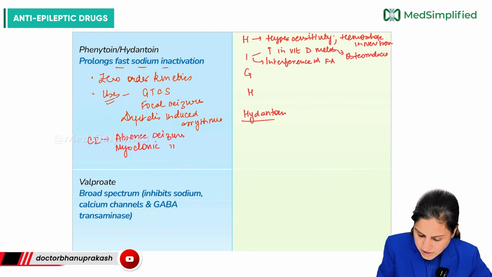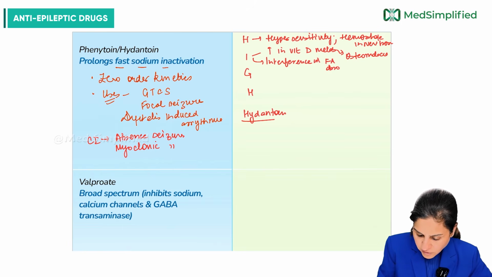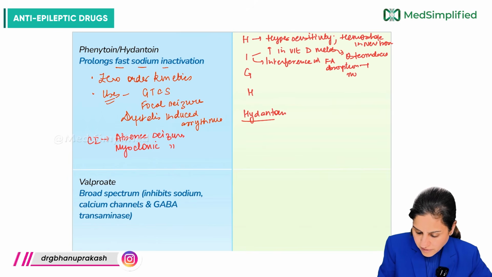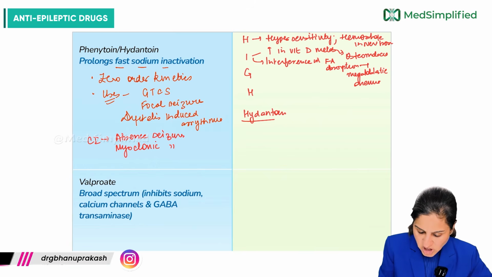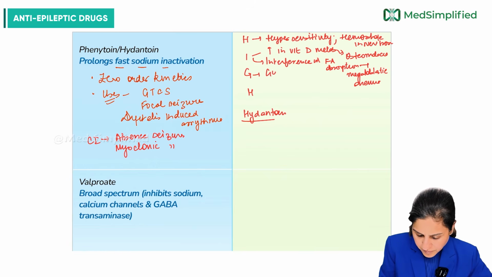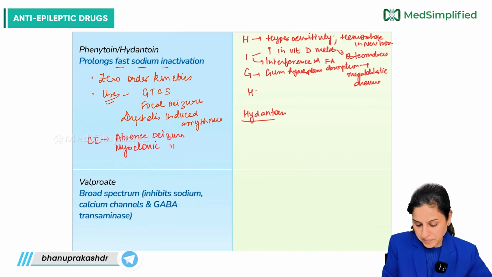Or there is interference in folic acid metabolism, or absorption rather, folic acid absorption, and the patient can have megaloblastic anemia. G stands for gum hypertrophy or gum hyperplasia.